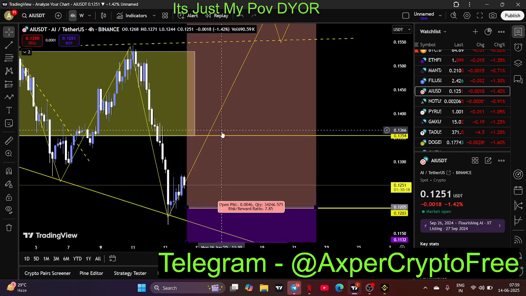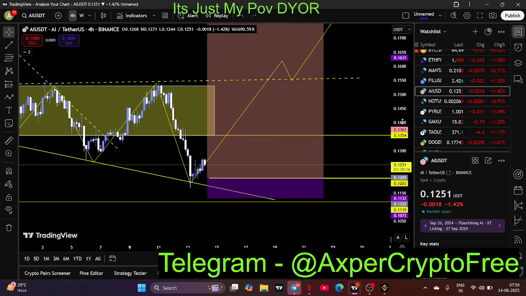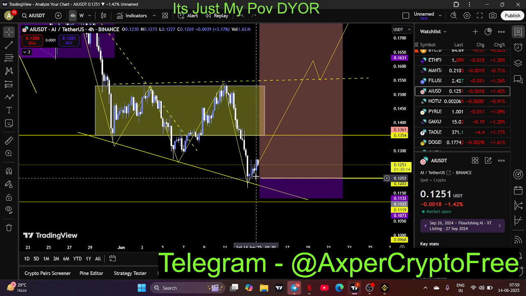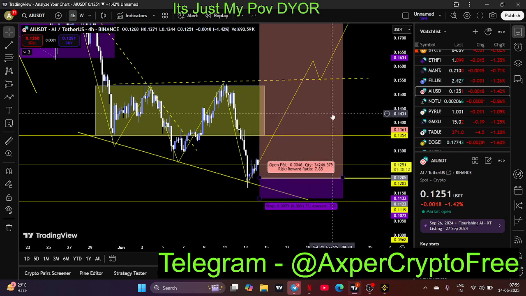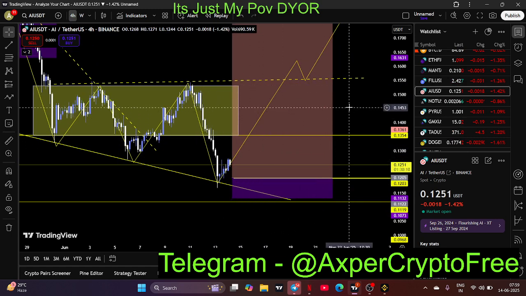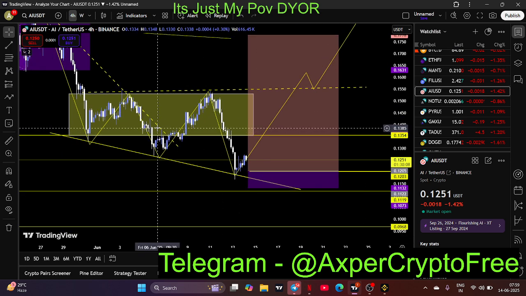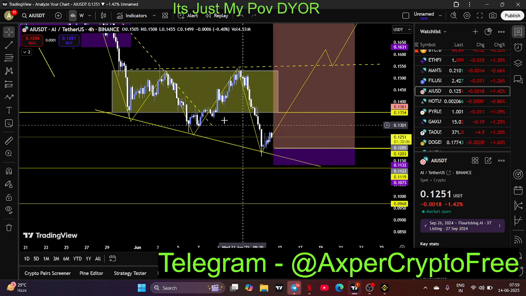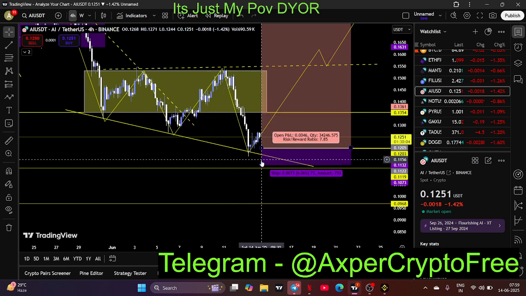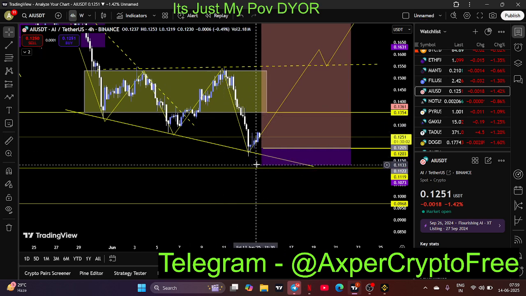In AI, we also mentioned to long AI from the 0.1100 range. So guys, do one thing. You can take it as a high leverage trade, like 20x leverage. Your SL will be in the 0.11 range, this range, 1126.